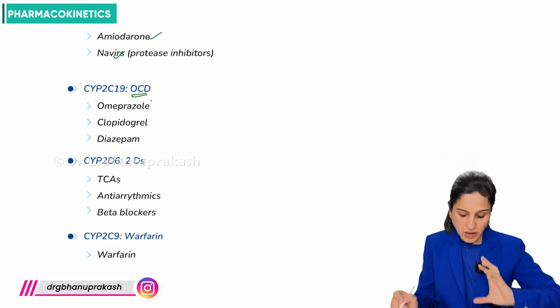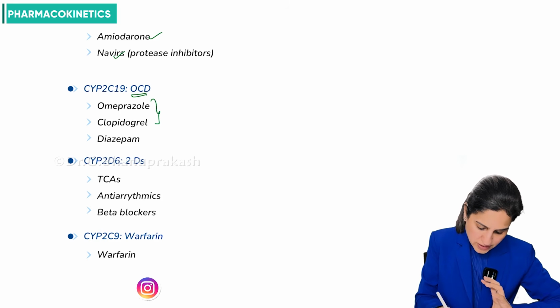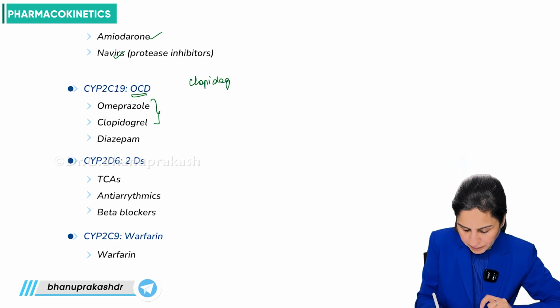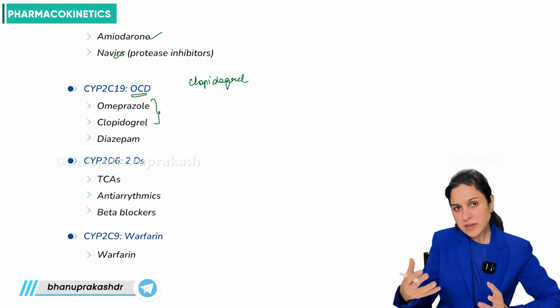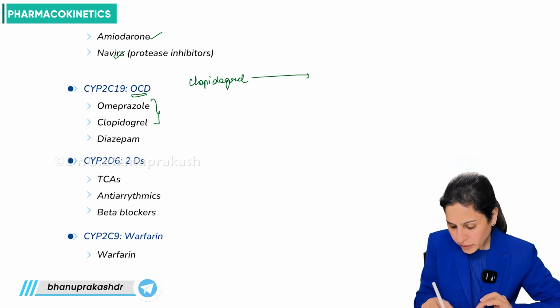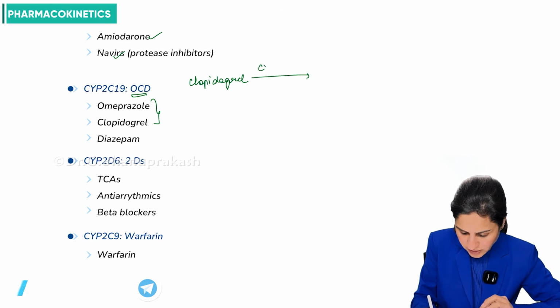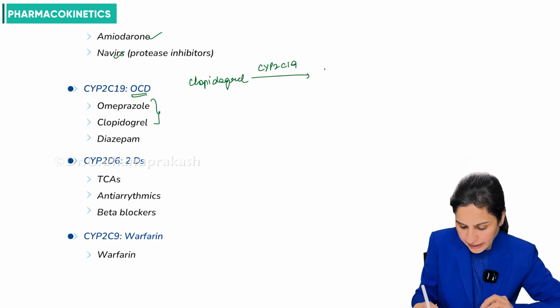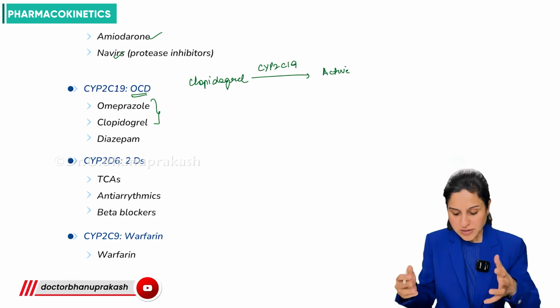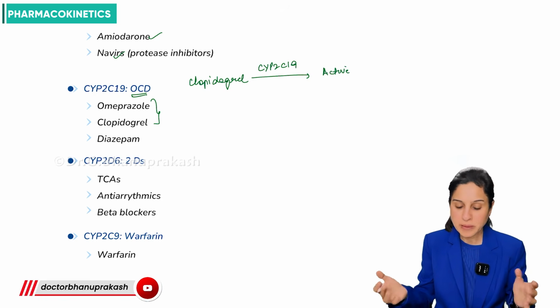Here is one very important question that is asked. Clopidogrel is an antiplatelet drug given to patients in cases of myocardial infarction. But this is a prodrug and it gets activated in the body with the help of the enzyme CYP2C19. It is necessary, otherwise the action will not be produced.